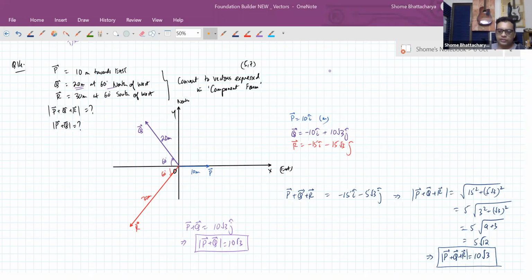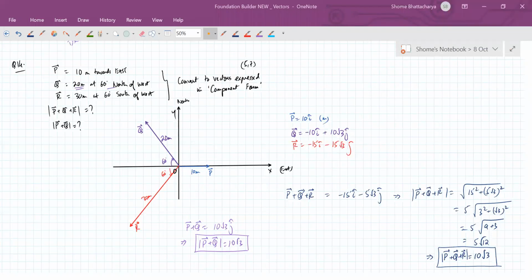Okay, so let's go back to question 5 after this. So hope the conversion to component form was clear to all of you. Now going back to question 5.